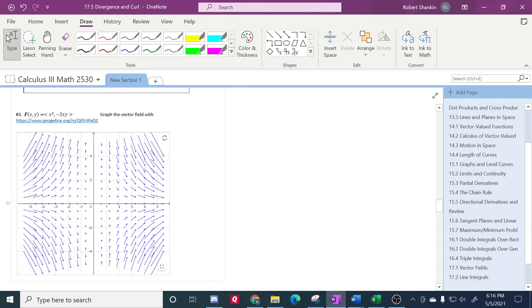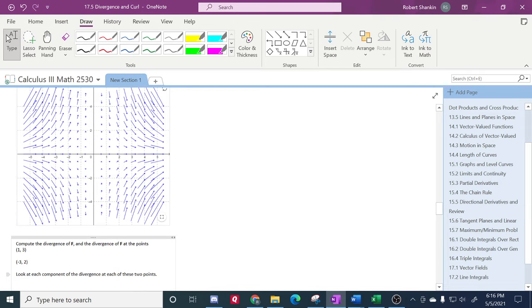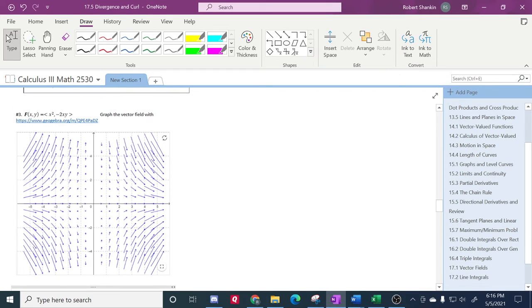So when it's graphed, it looks like this. And we're going to compute the divergence of f at some particular points, and then we'll look at each component of the divergence at these particular points.